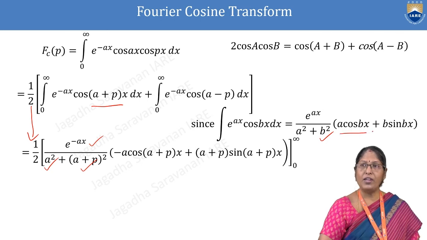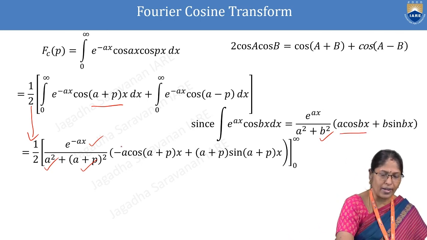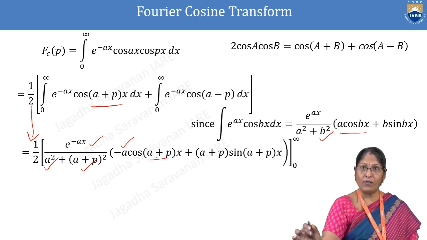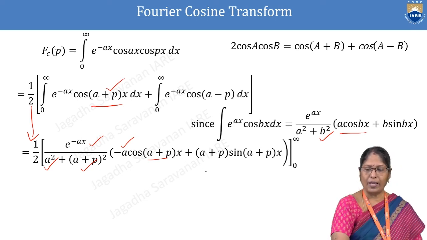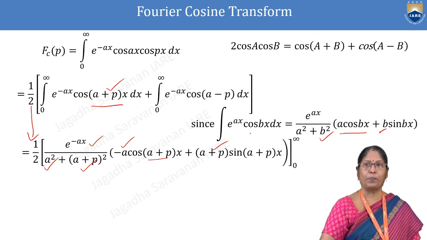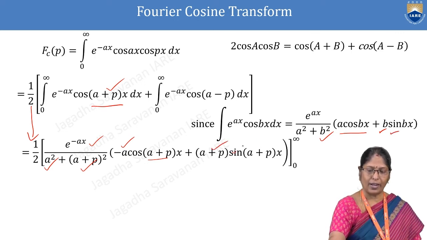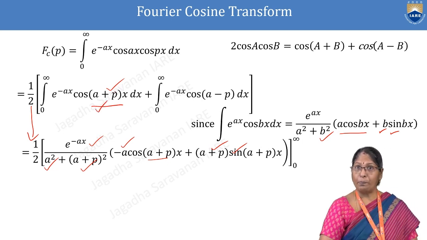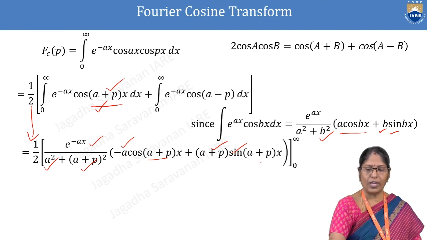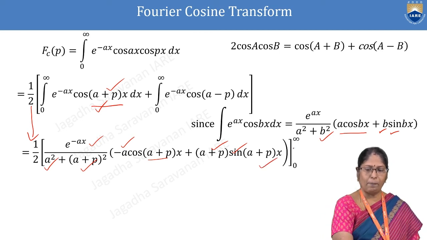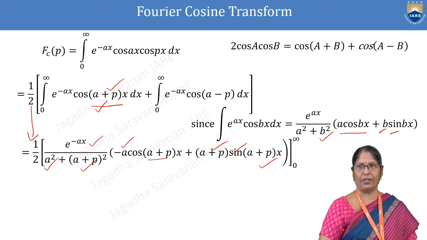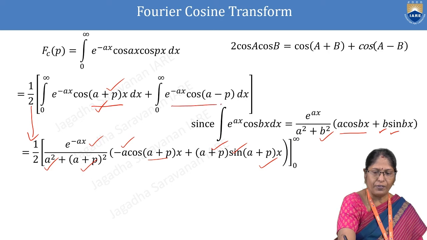Here a into cos bx, so minus a into cos of a plus p x, plus b, that is a plus p, sin of a plus p x. So completely the first integral, we finished it, 0 to infinity. The next integral we will move to.